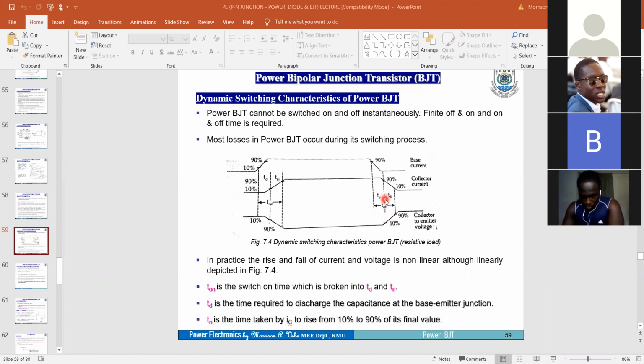T off has two main components, TS and TFI. Also, T on has two components, TD and TRI. Then we can look at some percentages of some happenings in this process. In practice, the rise and fall of currents and voltage is non-linear, although linearly depicted as we have here.